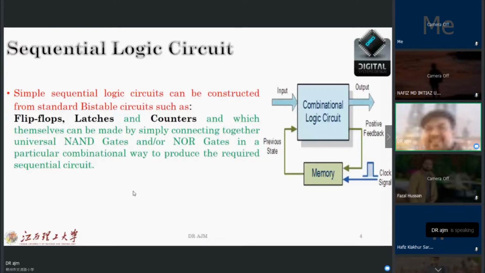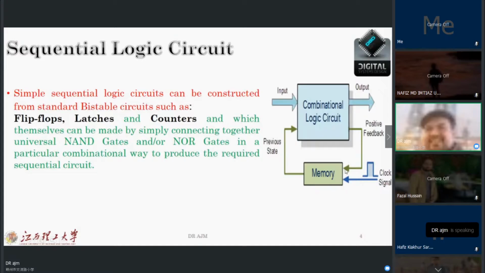In our sequential logic circuits, the important ones are flip-flops, latches, and counters, which themselves can be made by simply connecting together some universal NAND gates and/or NOR gates in a particular combinational way to produce the required sequential circuit.